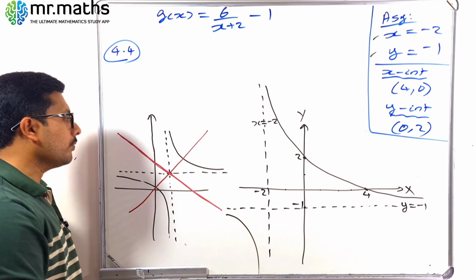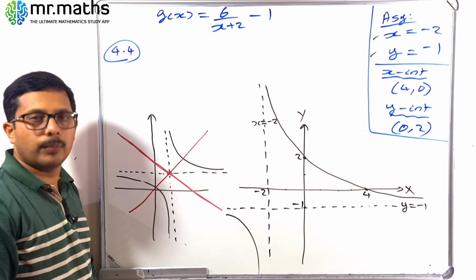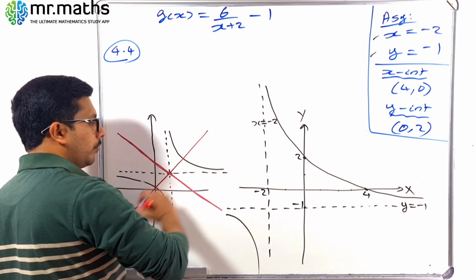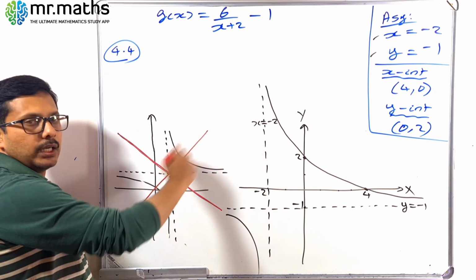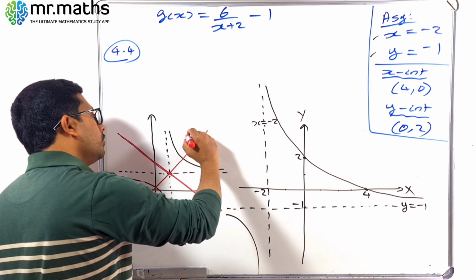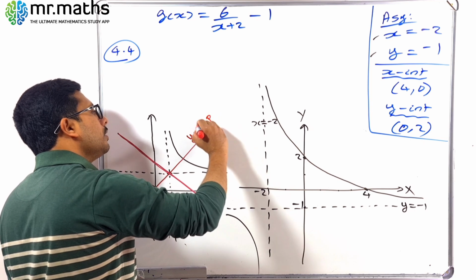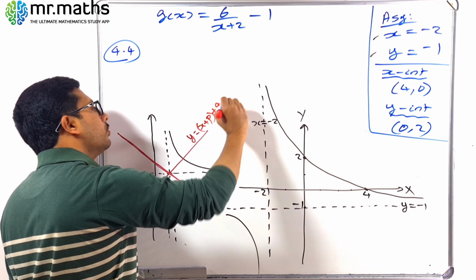So there is a formula. If you can remember that formula, then it is easy. The equation to find the positive gradient axis of symmetry is y equals x plus p plus q.